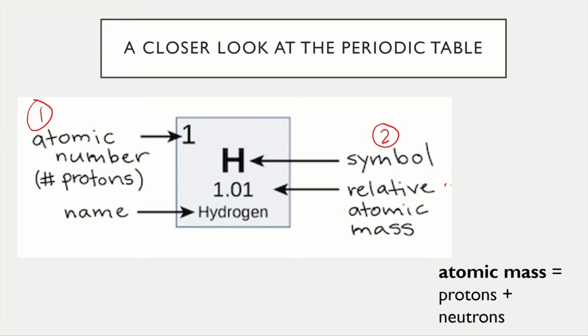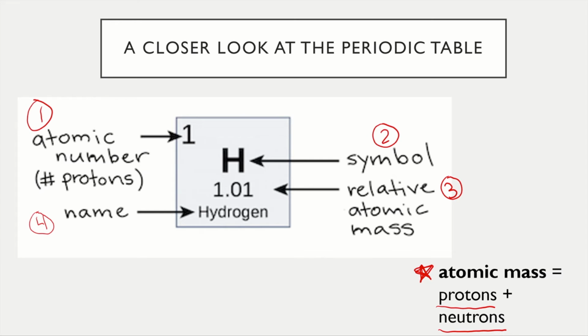We also have the relative atomic mass. Now our atomic mass, if you look down here, is going to be the number of protons plus the number of neutrons. So our atomic mass is looking at the nucleus of the atom, how many protons and how many neutrons together. And last but not least, we have the name of our element. In this example here is hydrogen.